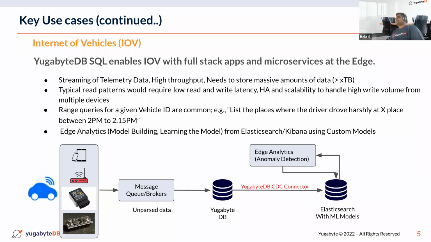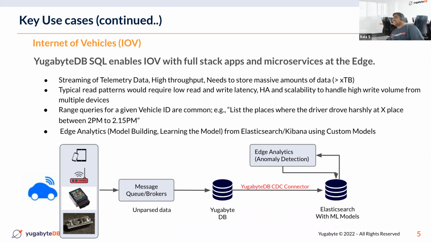So here, this is where Internet of Vehicles is now becoming more familiar from autonomous vehicles, where it carries a lot of sensors nowadays. So it's difficult to store the data in a large database and then apply the model, or learn the model on the fly.